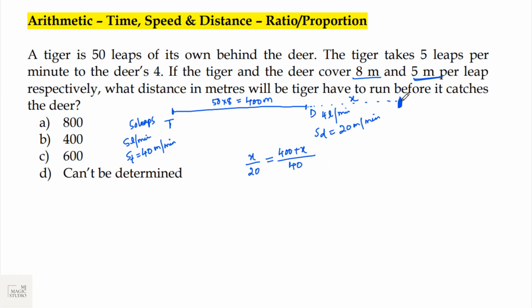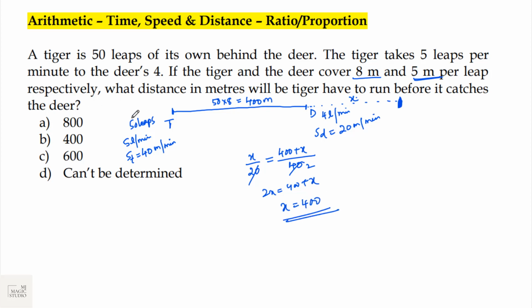Because time of meet is same, they are starting at the same time and meeting at the same time. Let's do it. 2x equals 400 plus x, so x equals 400.